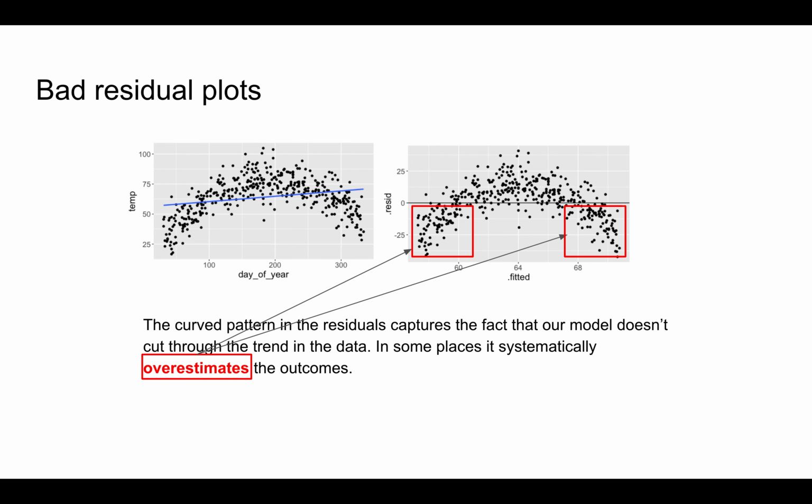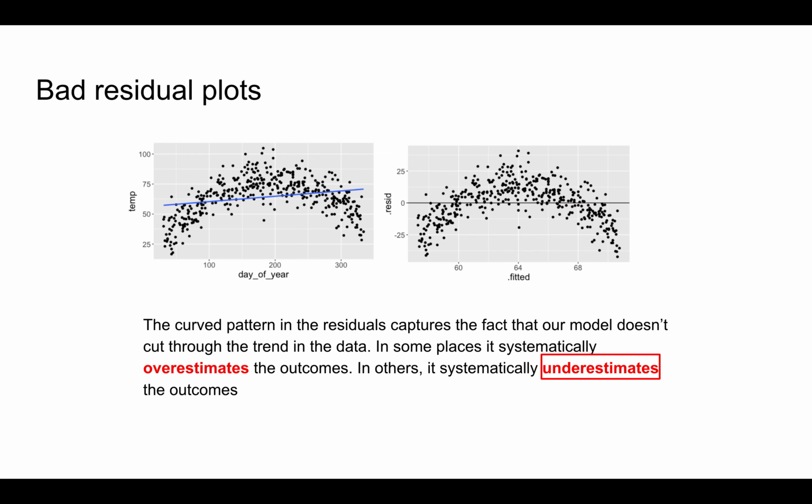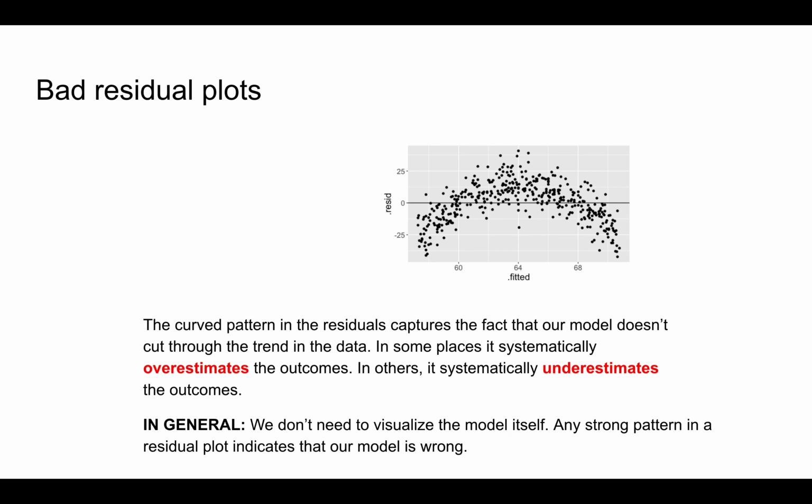And in the middle of the year, our model systematically underestimates the outcomes. In general, we don't need to even visualize the model or raw data itself. We can look at the residual plot alone. If there are any strong patterns in this plot, as we see here with this very clear curved pattern, it's a sure sign that our model is wrong.